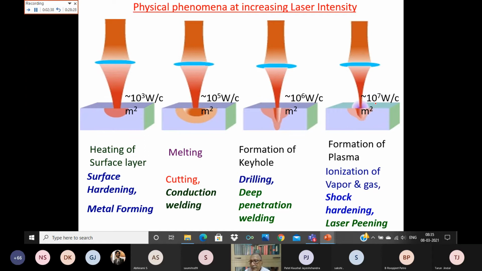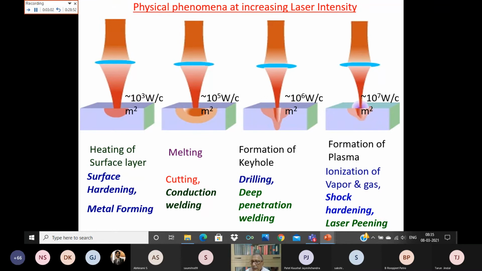When your power density is more than that, of the order of 10 to the power 7, 10 to the power 9 watt per centimeter square, then this vapor which is coming out can get ionized and form plasma. And this plasma, when it is expanding at a very fast speed, gives a certain amount of shock pressure, shock wave, which is propagating inside this material.